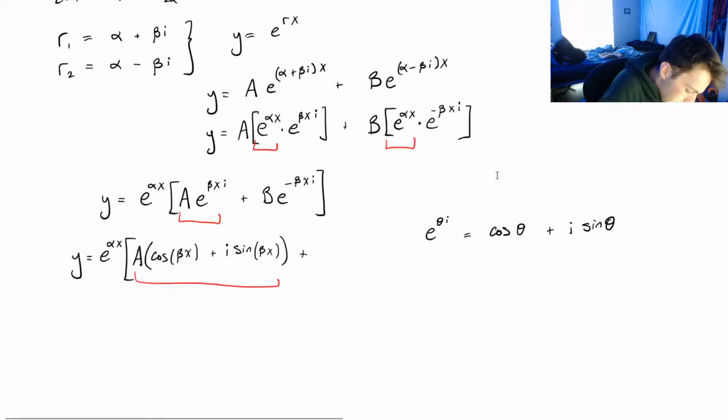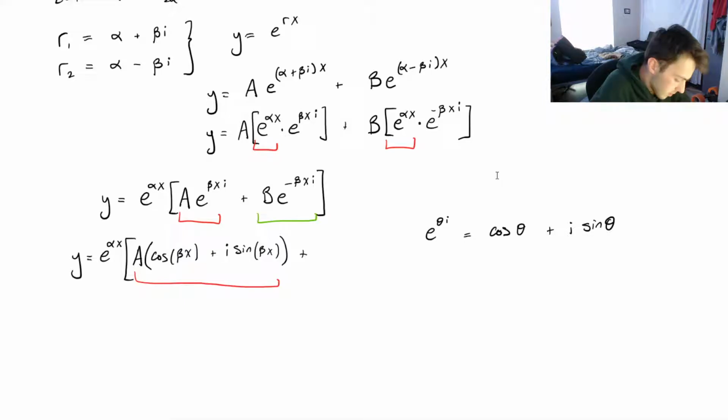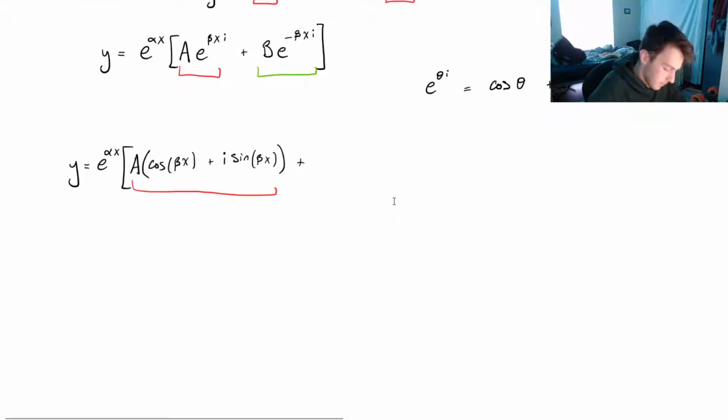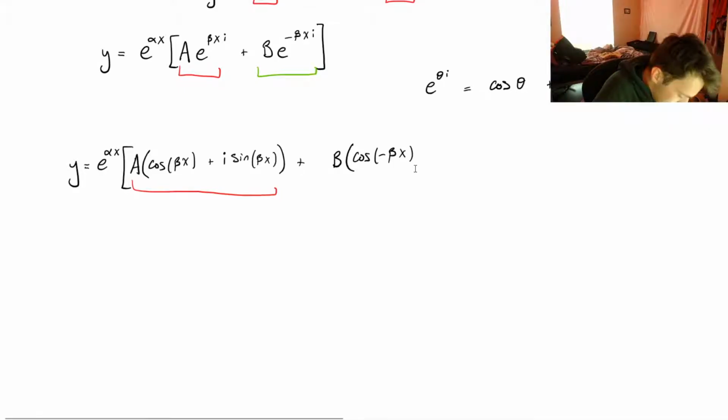Now with this second term, I'm going to have to move this down a little bit. Okay. So now this will become b times cosine of negative beta x plus i times sine of minus beta x.